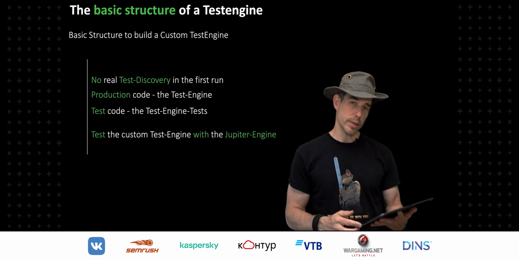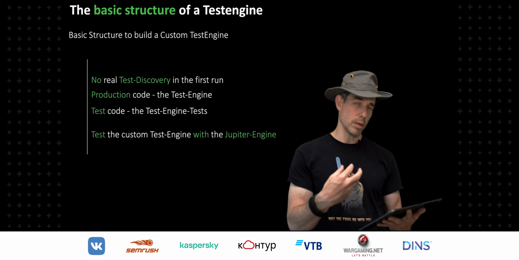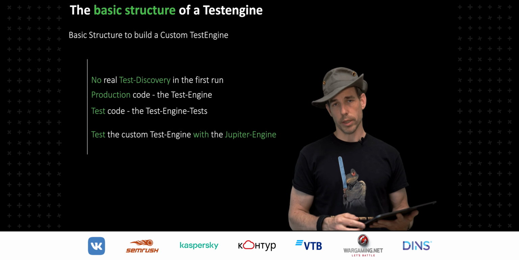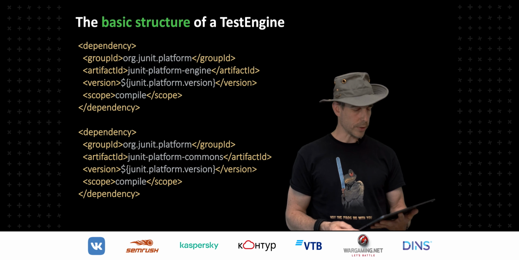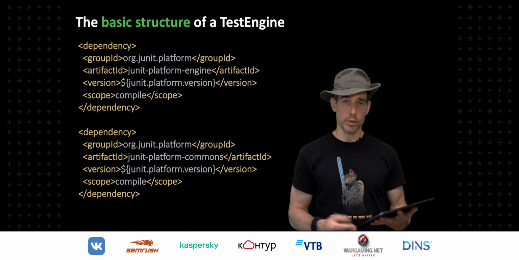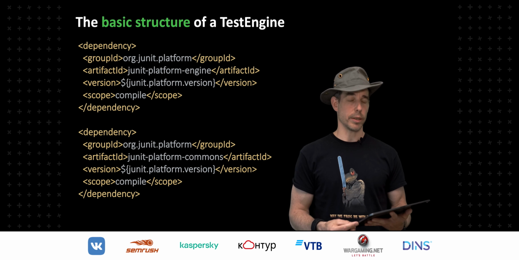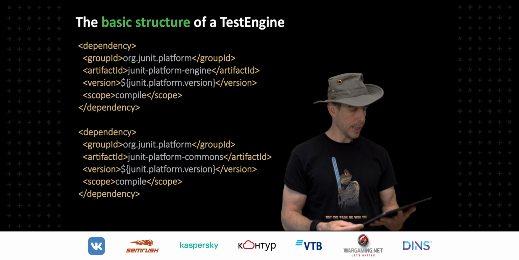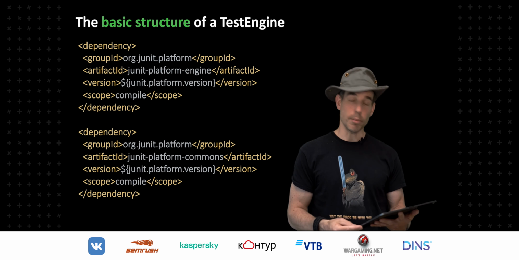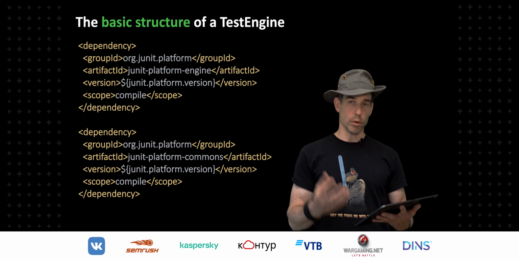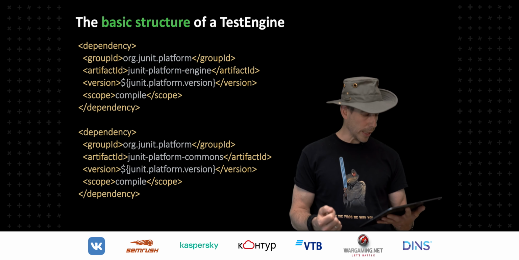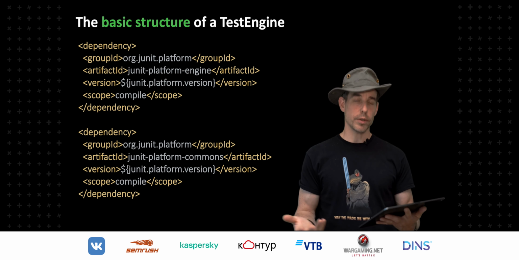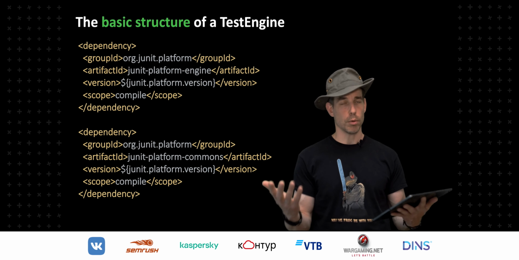And then we are testing our own tiny implementation with the Jupiter test engine. So to have access to the basic implementation, so that you can deal with some basic implementations or support utilities, just add the JUnit Platform Engine inside your compile scope, and the platform commons in your compile code as well in the scope compile.